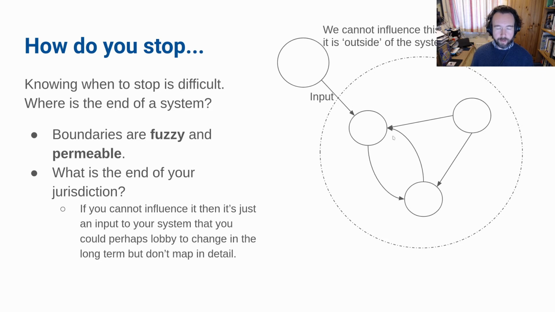So you can map in detail the things that you have some capacity to change, and if something's outside of your capacity to change, you could just put it as an input and not worry about mapping it in any more detail at this point. Obviously, that's a decision that you may need to review. It might be that some things that you can't change actually need to be brought inside. But it's a way of looking for the limits of the system, so you don't end up mapping the whole universe, basically.